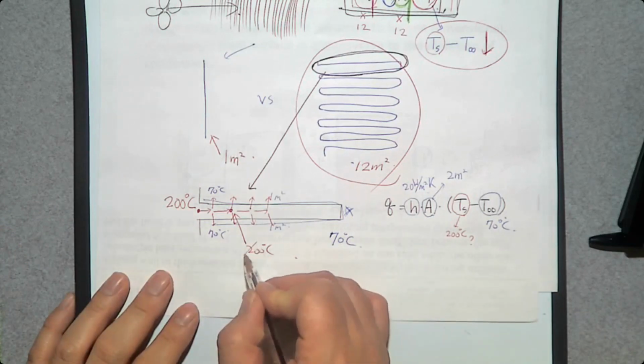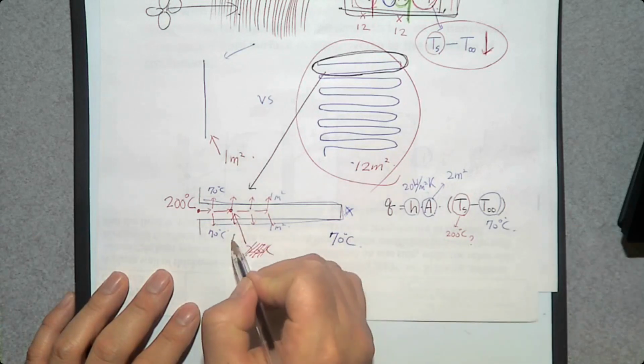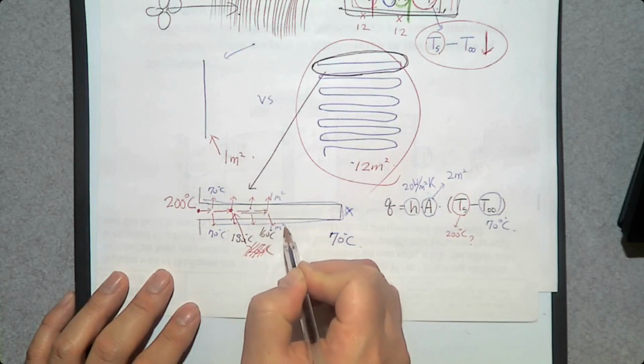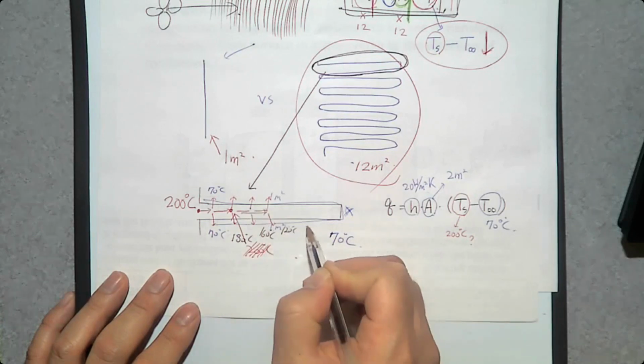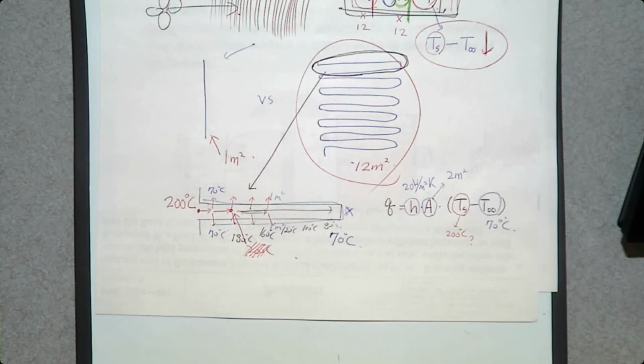So 200 is not possible. It should be 180. Then going this way, 160. Going this way, 120. And 100 and 80, et cetera. So we have a decrease of temperature in the fin direction. So can we say 200? Not anymore. Should we say 180? No. 160?